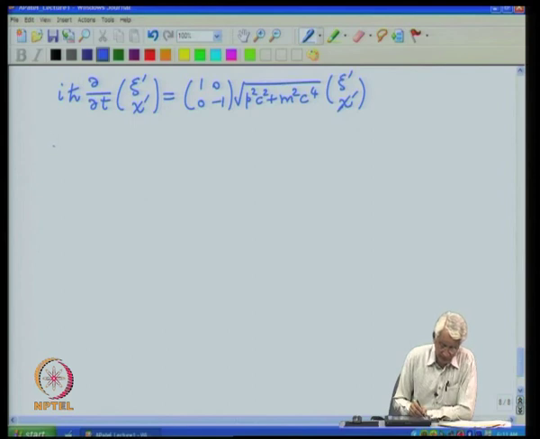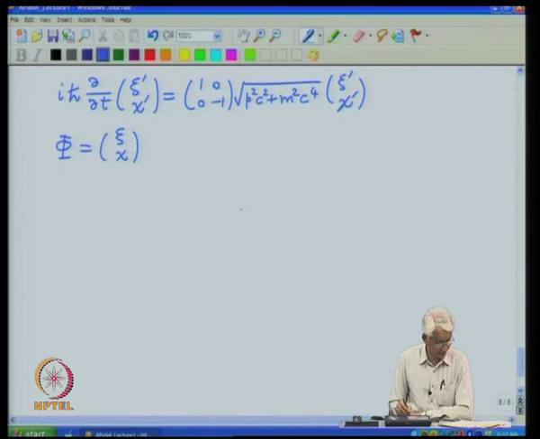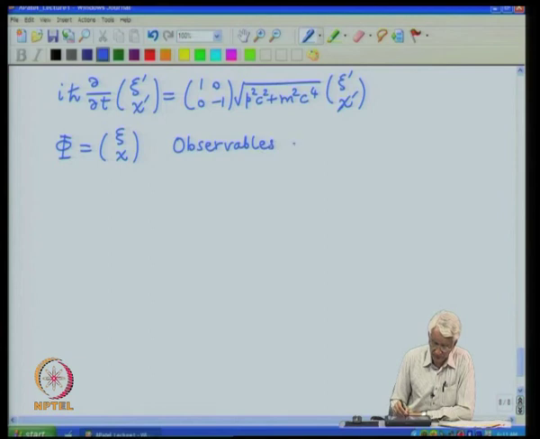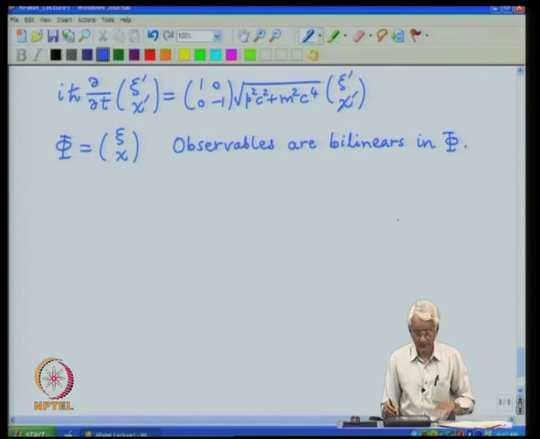And to simplify the notation, let me define a symbol for this 2 component object, which I am just calling phi, and then the observables are bilinears in this quantity.